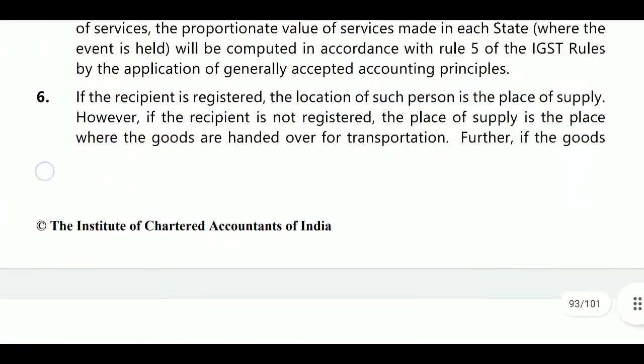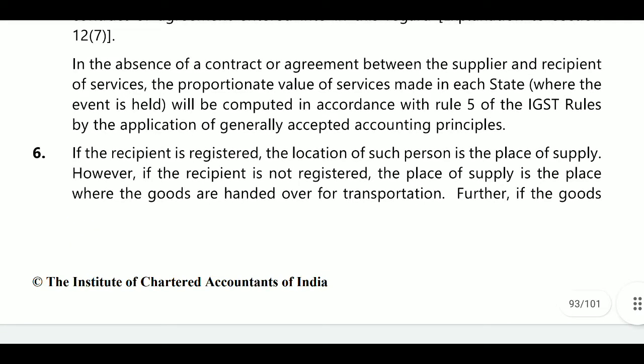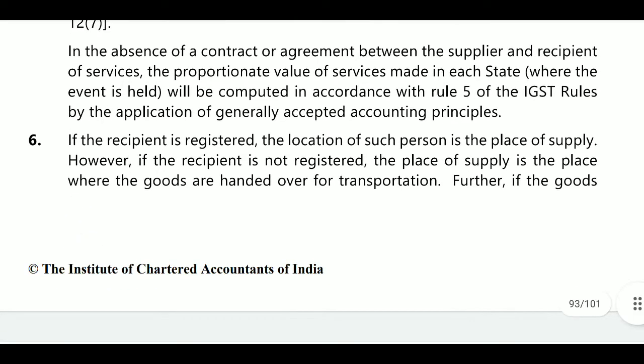For question number 6, when the recipient is registered, the place of supply will be the location of the registered person, that is, the location of the recipient. However, if the recipient is not registered, the place of supply is the place where the goods are handed over for transportation.